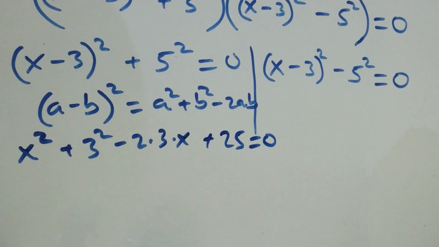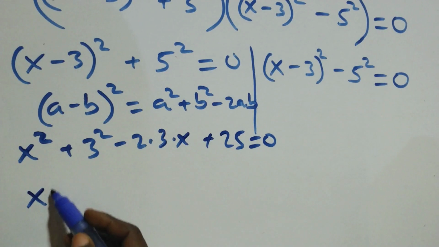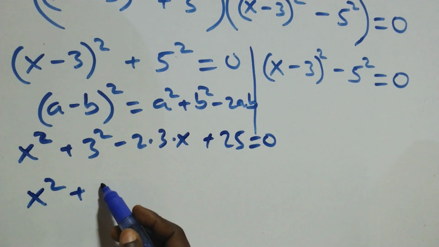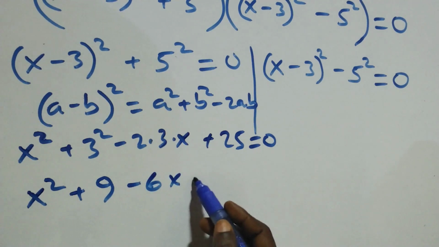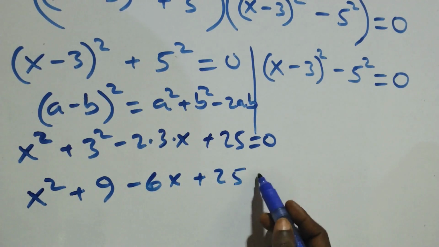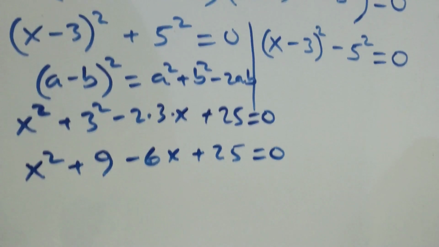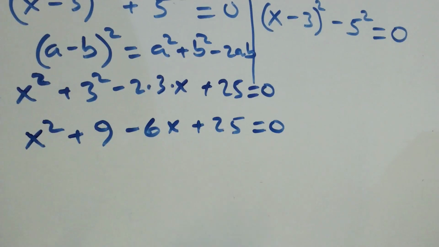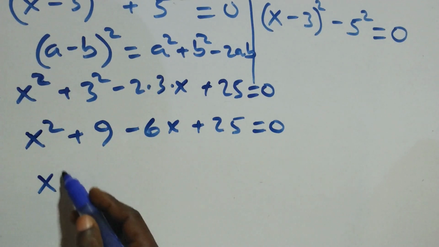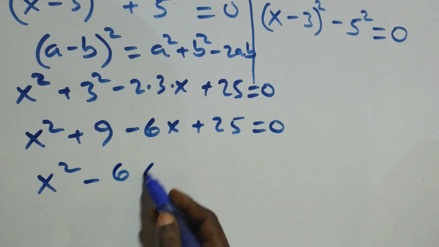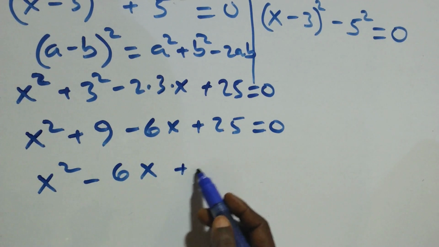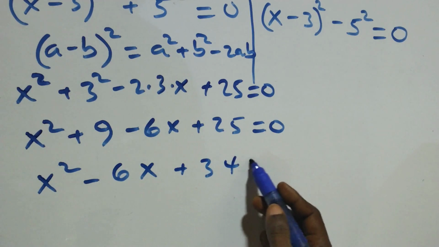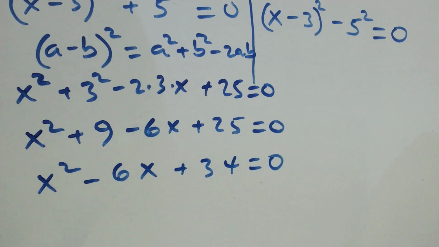That is same thing as x squared plus 3 squared, that's 9, then minus here give us 6x, then plus 25 equals to 0. And we can rearrange here and we have x squared minus 6x, then we have 25 plus 9, that gives us plus 34 equals to 0 here.